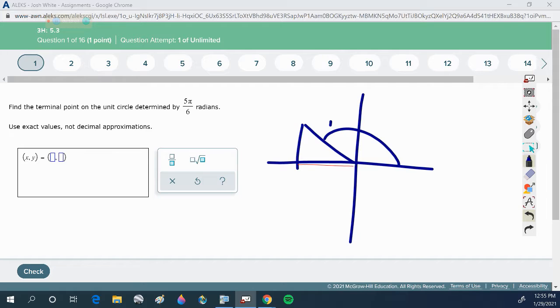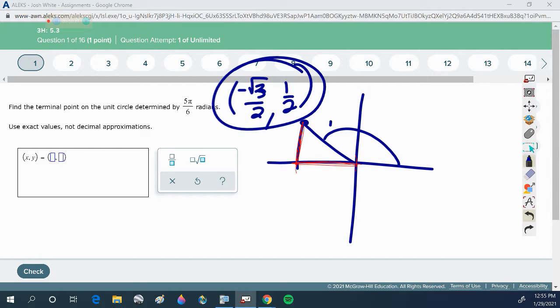What is the length of the x-axis right there? Is it the short side or the long side? The long side. So this point, the x-coordinate is going to be negative root 3 over 2. And then what is the y-axis coordinate? 1/2. So those two numbers always go together. The only thing you need to decide is which one's first, and are any of them negative? Does that make sense?